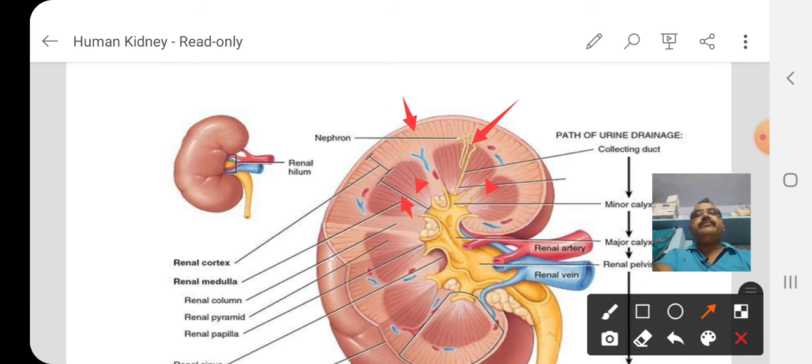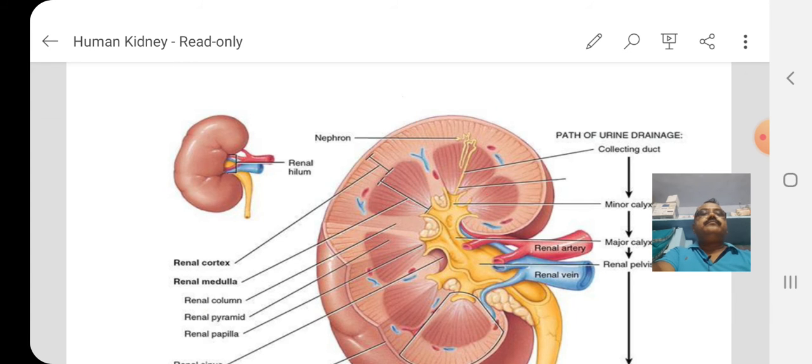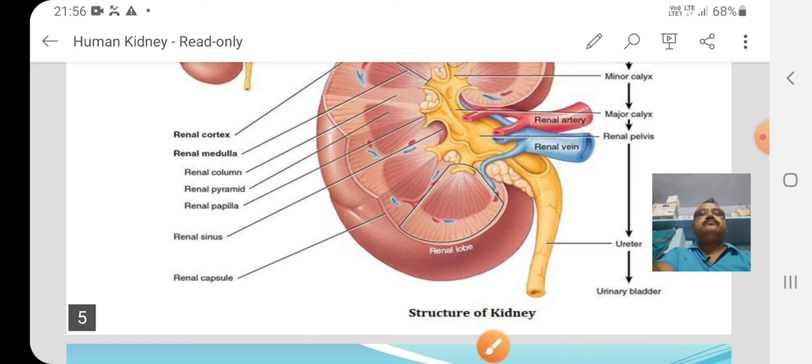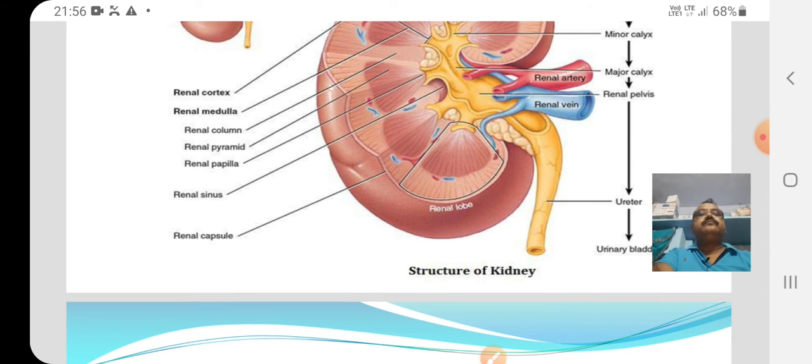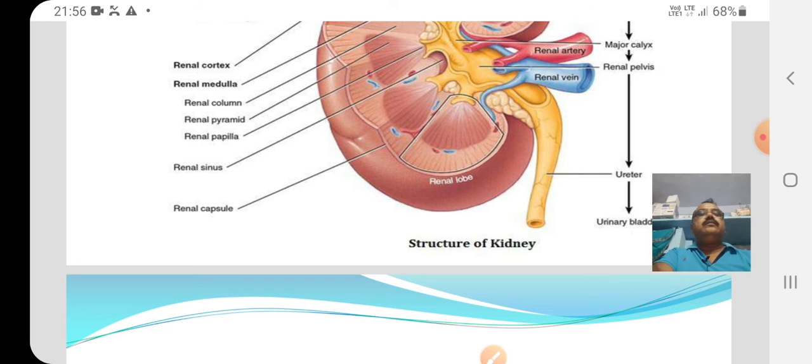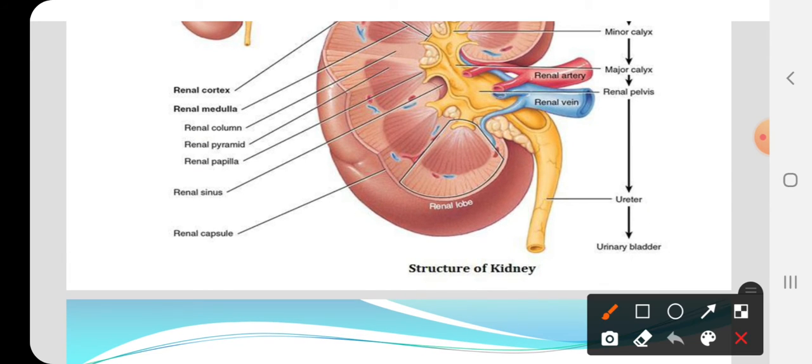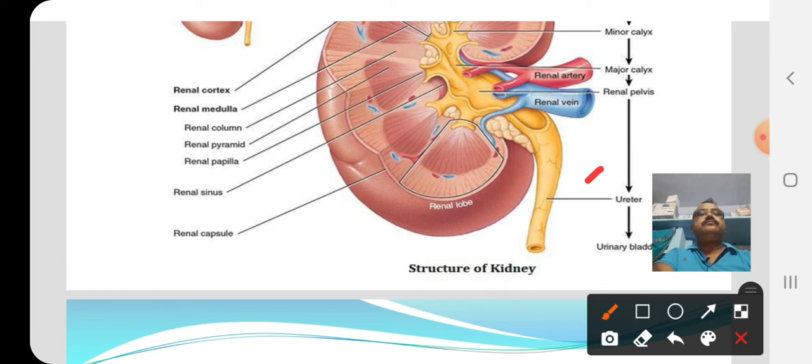In between these pyramids, a cortex tissue mass known as a renal column is found present. There is a renal papilla. This is the renal artery and a renal vein. And this is the cut portion of the ureter, and the outer border is known as renal capsule.